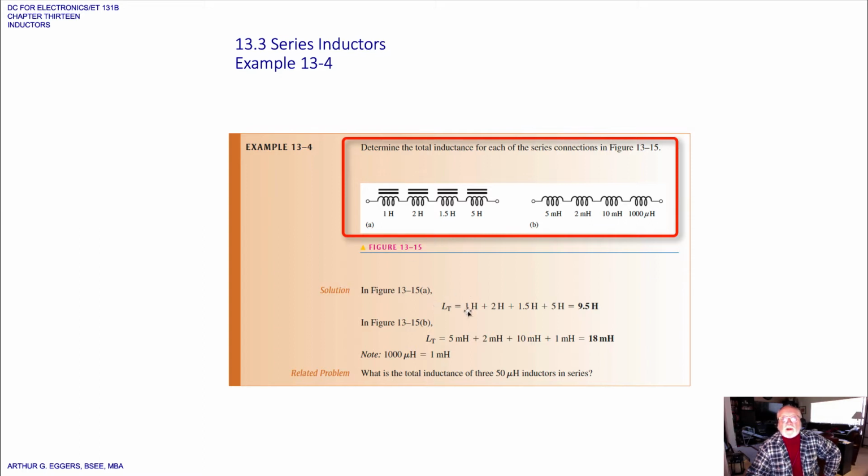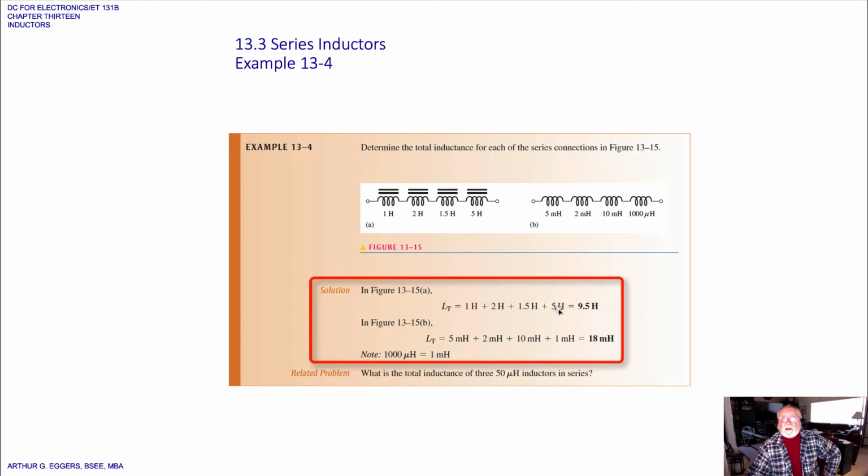For the first one, simply add 1, 2, 1.5, 5, and we get 9.5 henries of inductance. For the second one, we have to handle the 1000 microhenry. They made it simple on us. We remove the 3 zeros and we're back to millihenries. So 5, 2, 10, and 1 millihenries gives us a total of 18 millihenries of inductance.